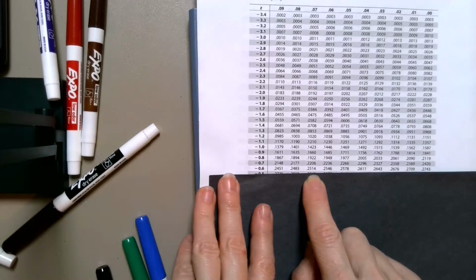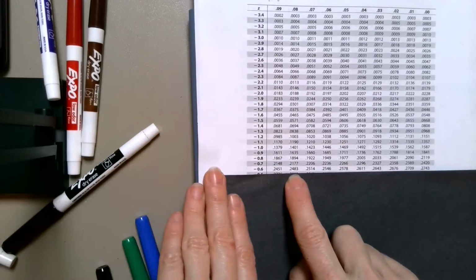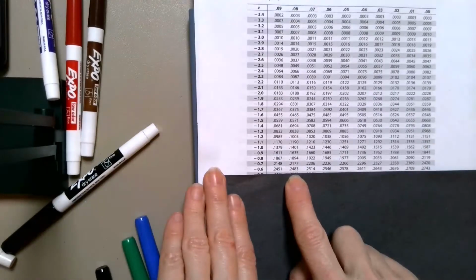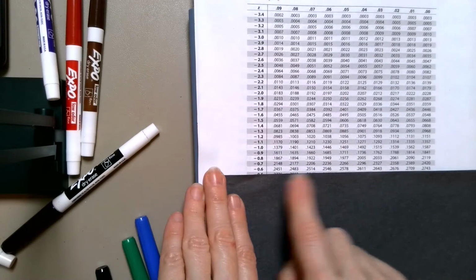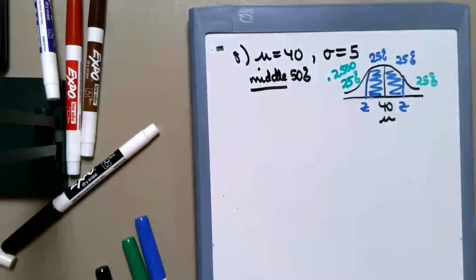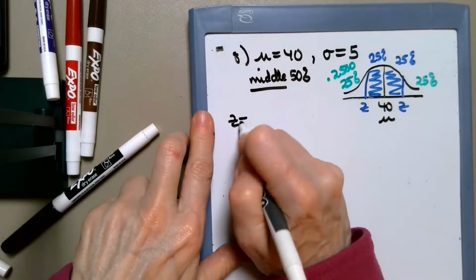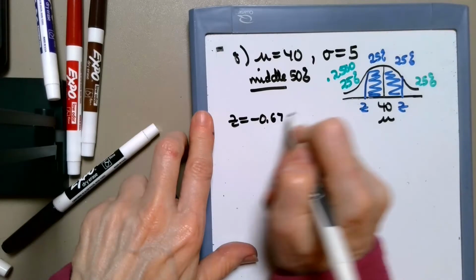That's a little too big, 14/10,000 is bigger than 0.2500. So I look to the left. 0.2483 is too small. That's 17/10,000ths away. So this one's closer. So I'm going to use negative 0.67 for my z-score on the left side.